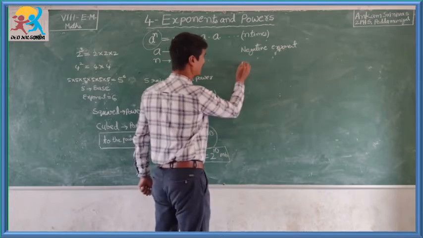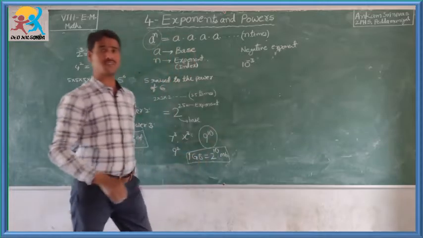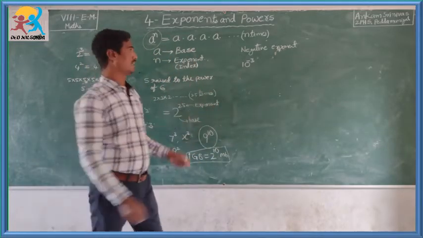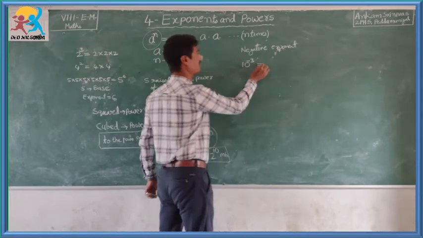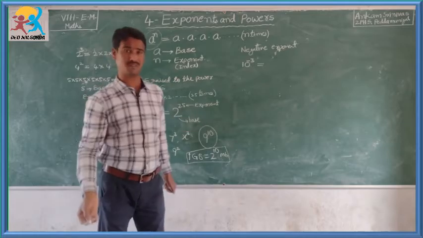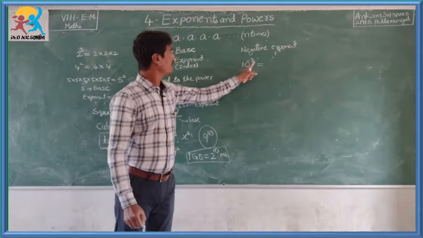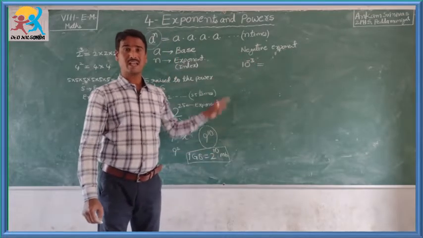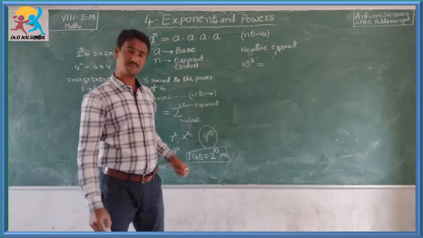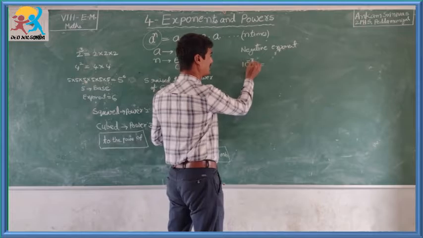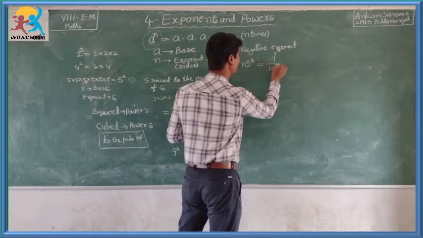So my dear children, here if I take 10 power minus 3, that means 10 to the power of minus 3. We have to convert the exponent as positive. How to write the exponent as positive? By writing the reciprocal of the given power. 10 to the power of minus 3, what is the reciprocal? 1 by 10 power 3.